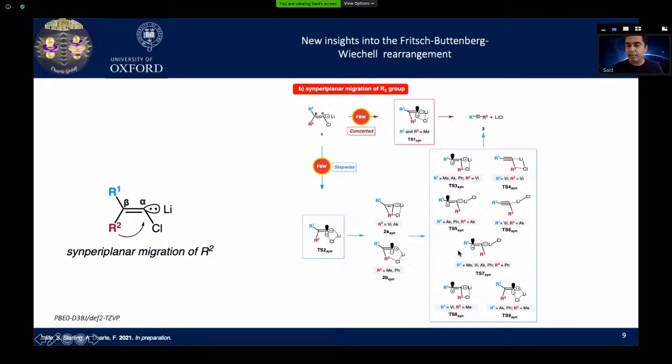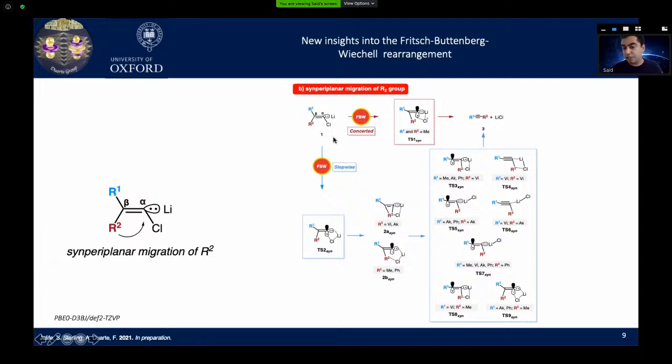In this case, the first step involves the formation of two intermediates, one in which the chloride attacks the migrating groups, forming a three-membered ring, and the other where a carbene type structure is formed as an intermediate.